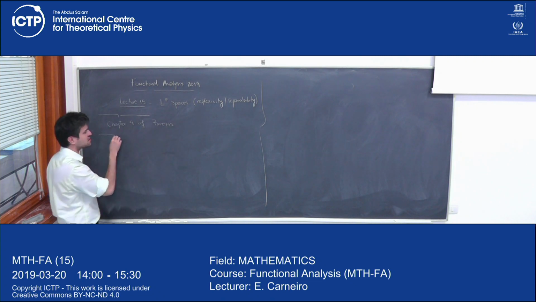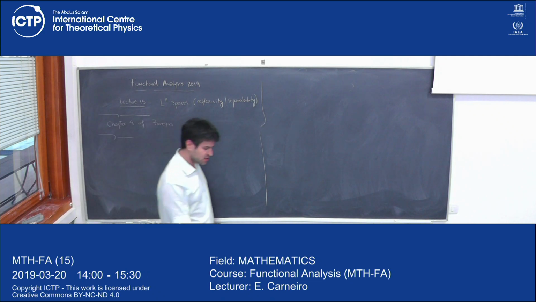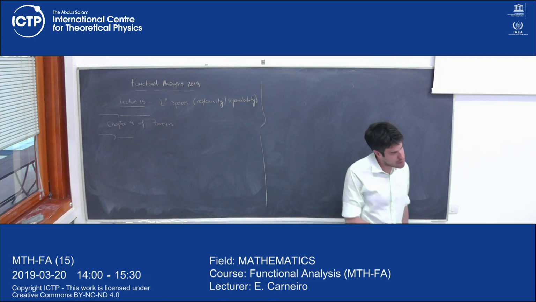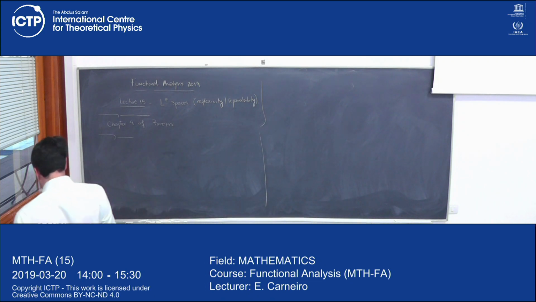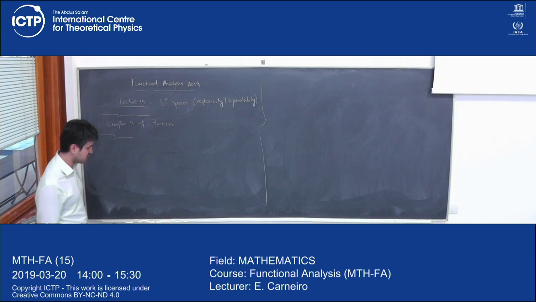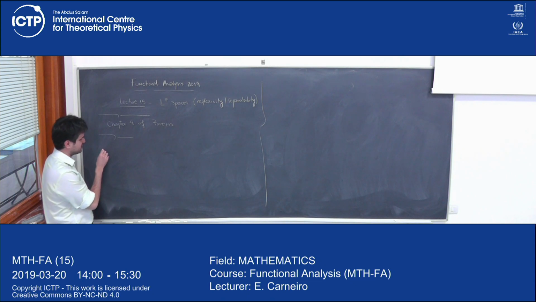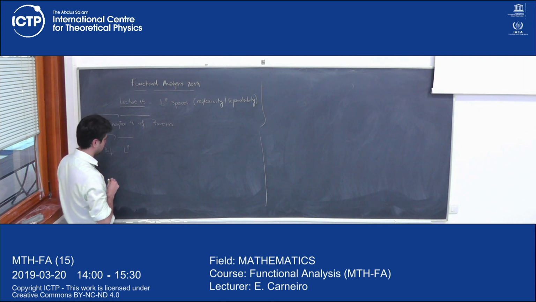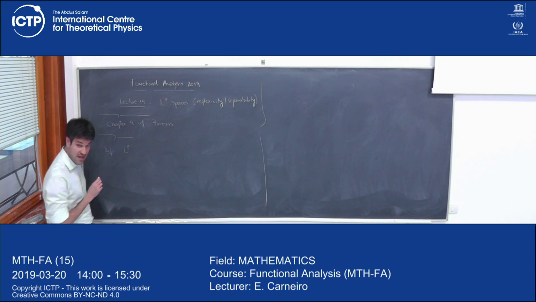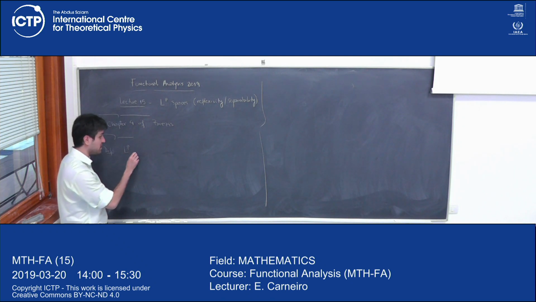There is part of the discussion in chapter 4 of the book that we already did in the beginning of the course. The basic definitions of LP spaces we already did, right? We defined what the LP space is. We proved the basic properties.